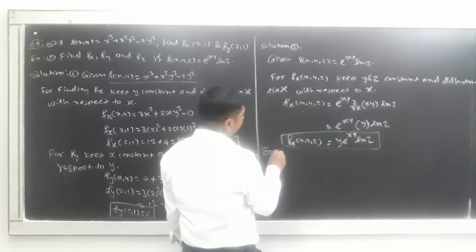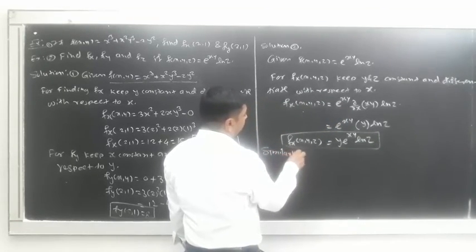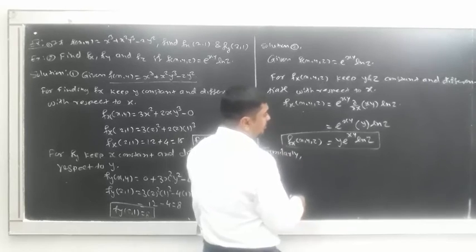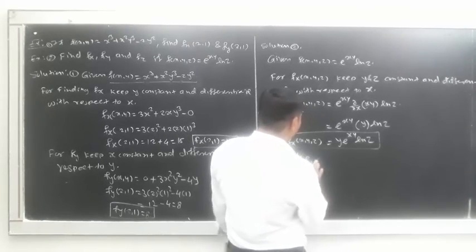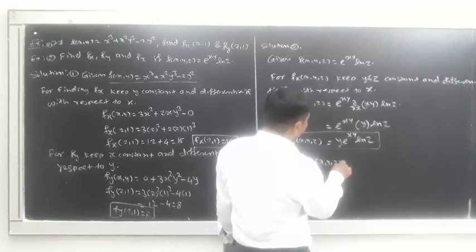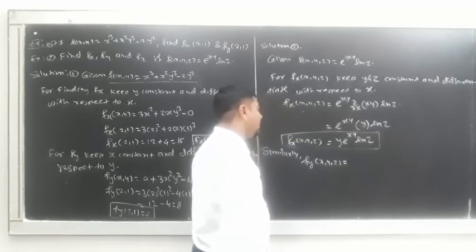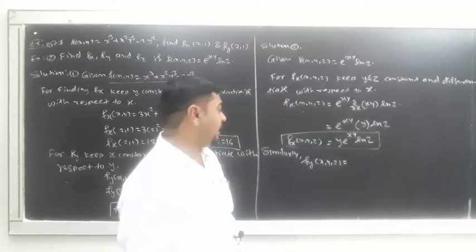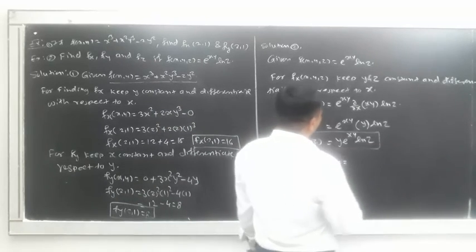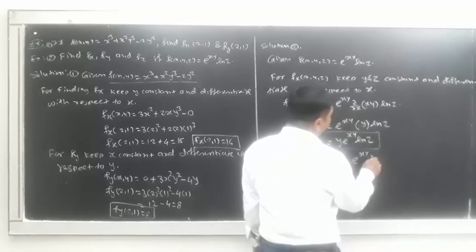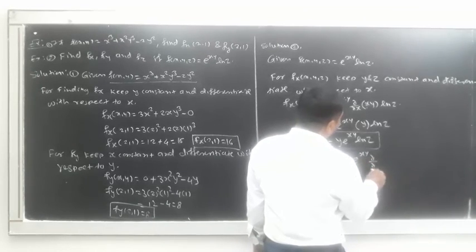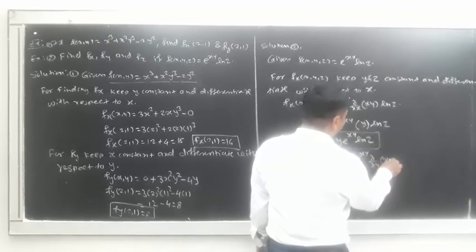Similarly, we can find fy, so fy at point (x,y,z). What we have to do here is keep x and z constant. So again e raised to xy ln z into the derivative with respect to y of xy ln z.